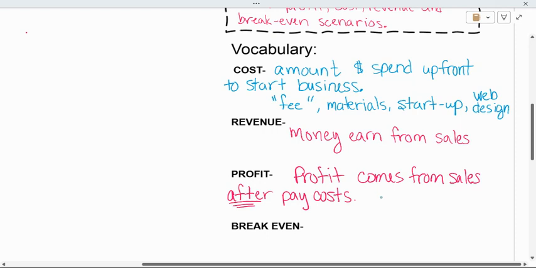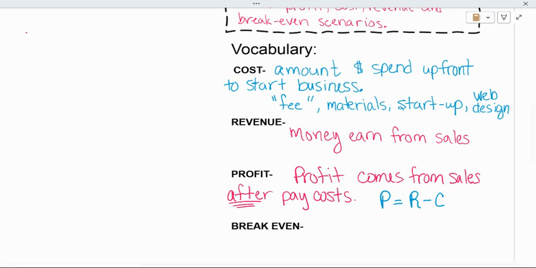So we can actually write an equation that says P for profit equals our revenue, that's the amount of money that we get from our sales, minus our costs. P, profit, equals our revenue minus our costs. Does that make sense? Okay.